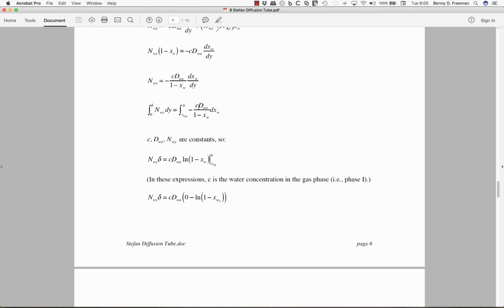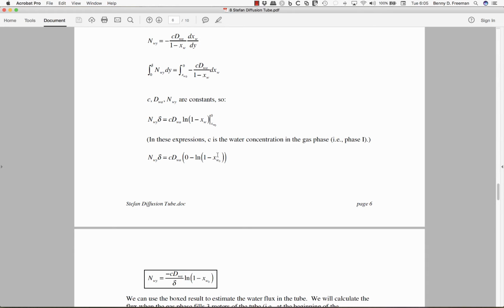We've argued already that the total molar concentration is constant, so that comes out of the integral. The effective diffusion coefficient is really very weakly dependent on concentration, so that can come out of the integral, and we get the simple result that's shown here.